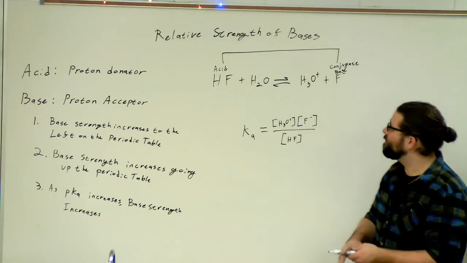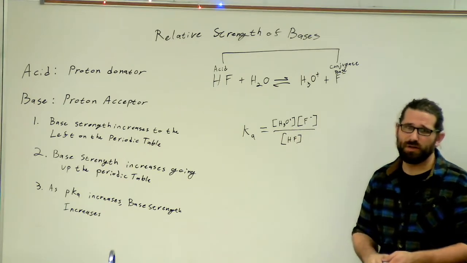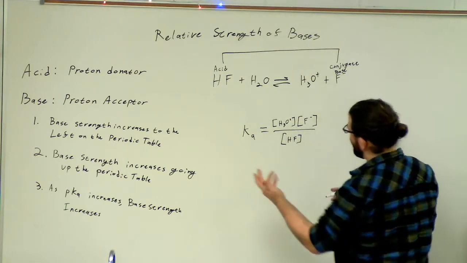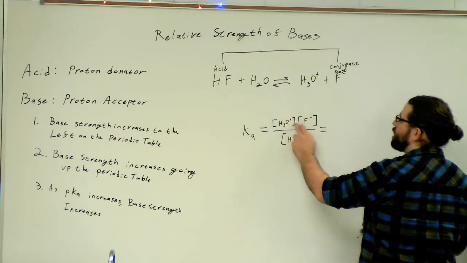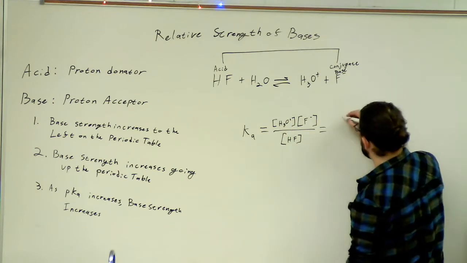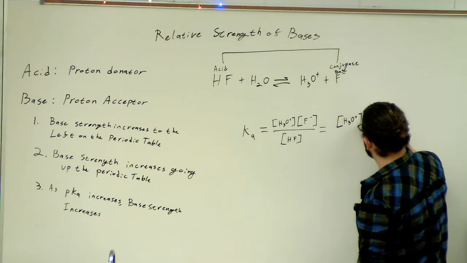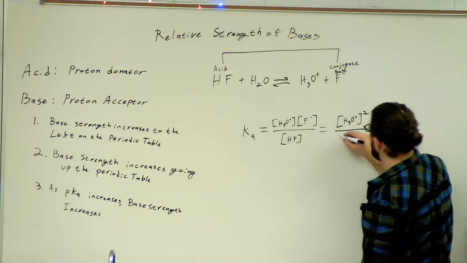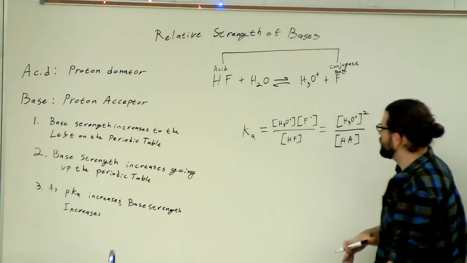Because we also have the same amounts of both of these, we've actually simplified the expression. And so the Ka expression for an acid is really going to be, since these are going to be the same number, we're going to square our hydronium concentration. So I can say it like this: H3O plus squared divided by my original acid concentration.